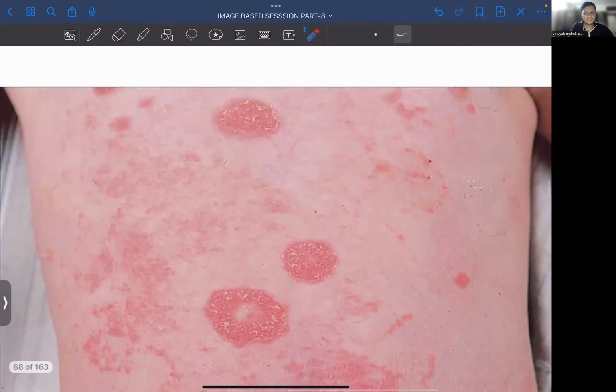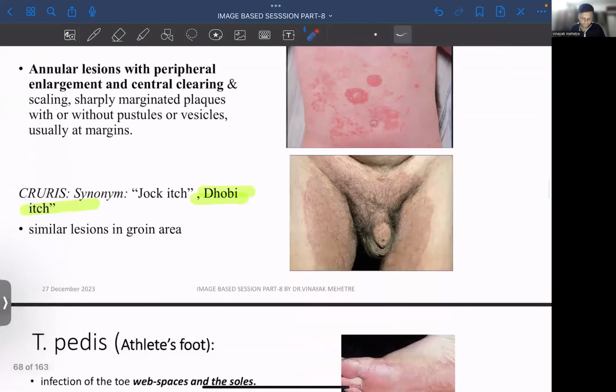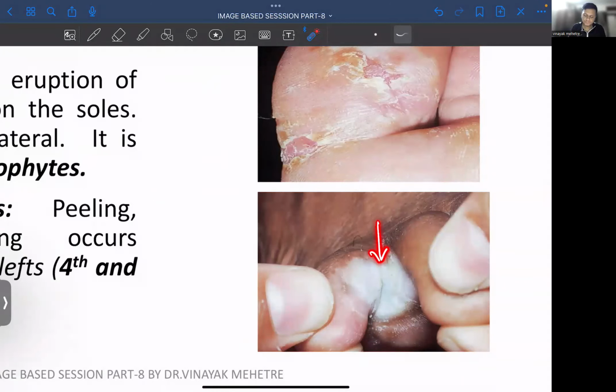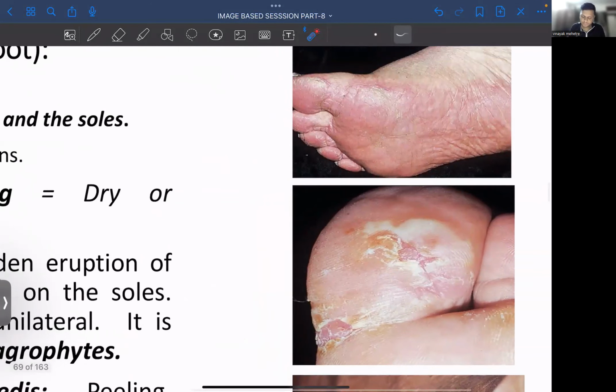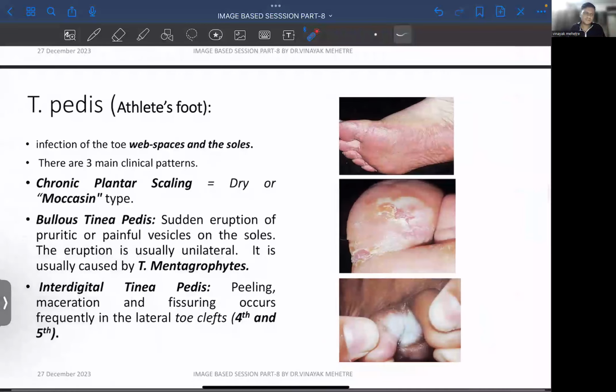Okay, this is the classical presentation. ठीक है, classical presentation. पेडिस में क्या होगा? Web spaces will be involved. Right, web spaces will be involved. Take a look over here. Right, the question which is classically asked is tinea cruris or corporis.